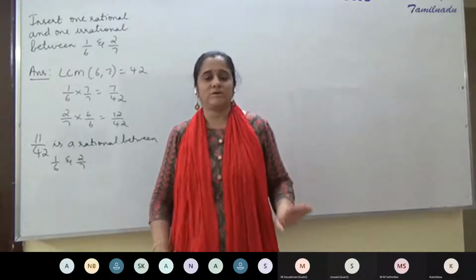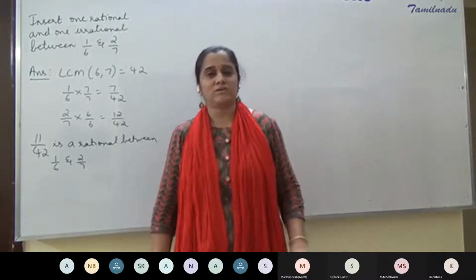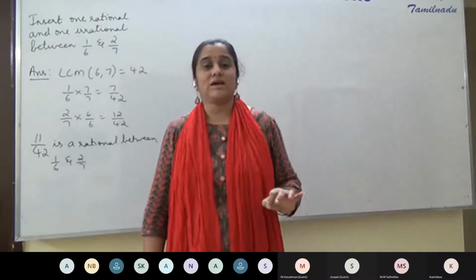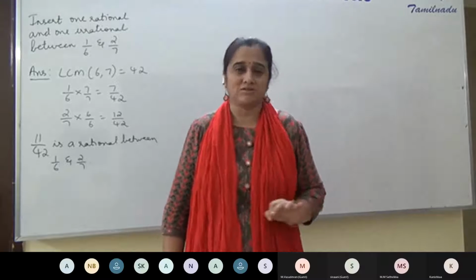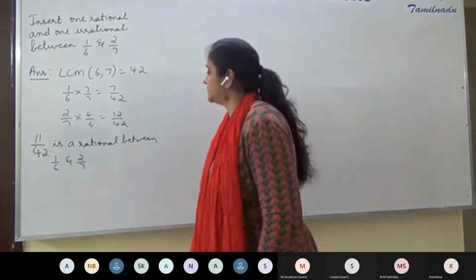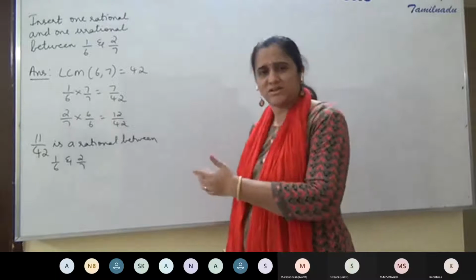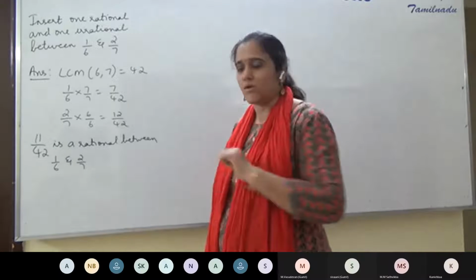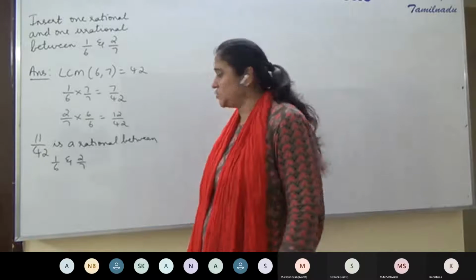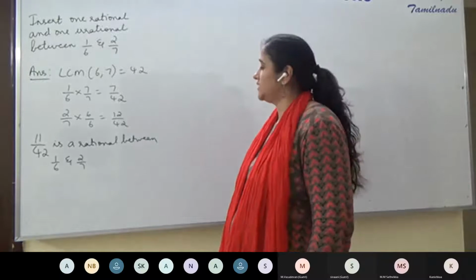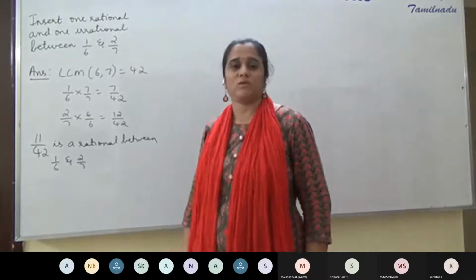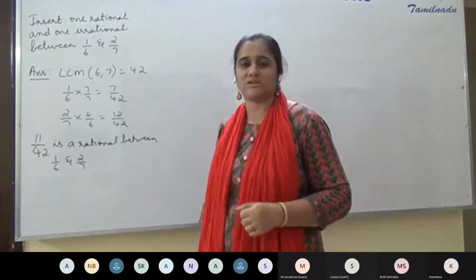We have just found one of so many. 11 by 42 is a rational number between 1 by 6 and 2 by 7, because it has a p by q form, integer by integer form.